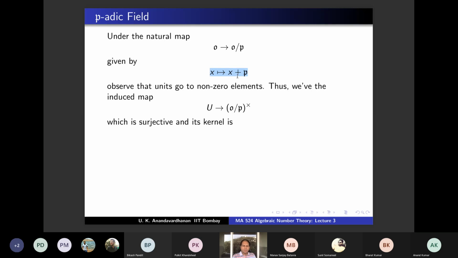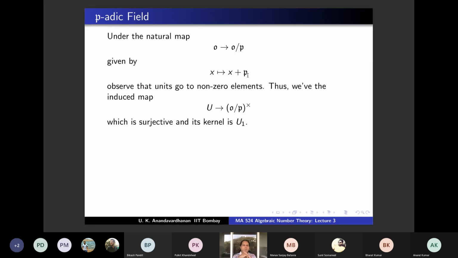It is 1 plus p, no? So 1 will definitely go to 1. Anything in 1 plus p will also go to 1, no? And only that will go to 1. So kernel is 1 plus p.